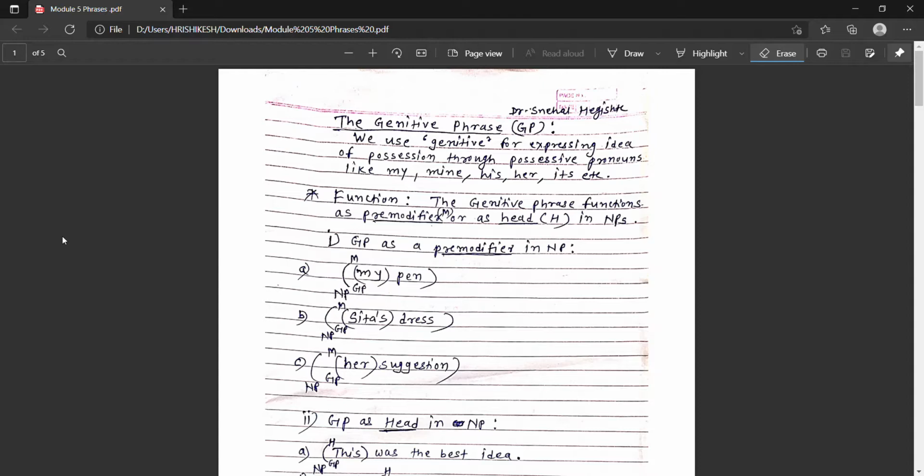What is meant by genitive? Genitive is the word that is used for expressing the idea of possession. With the help of genitive, we express the idea of possession. How do we express this possession? Through possessive pronouns. What is meant by possessive?